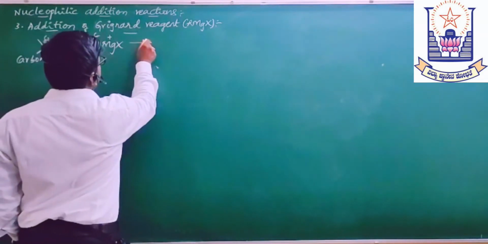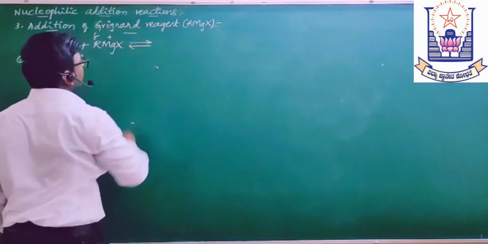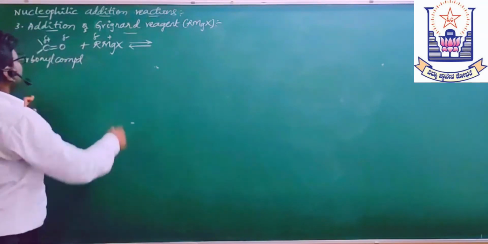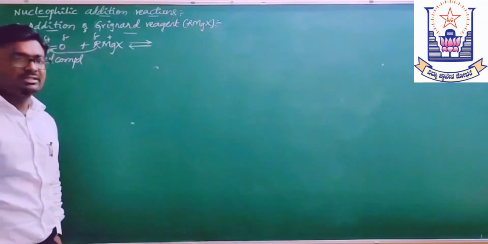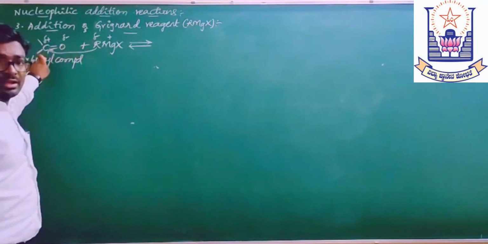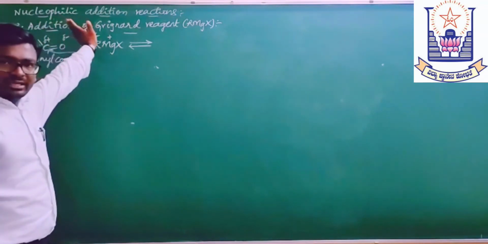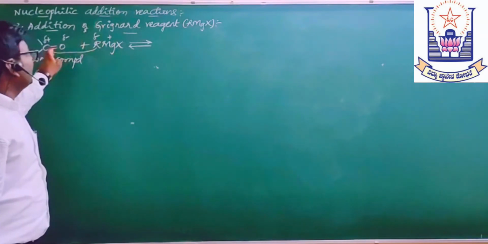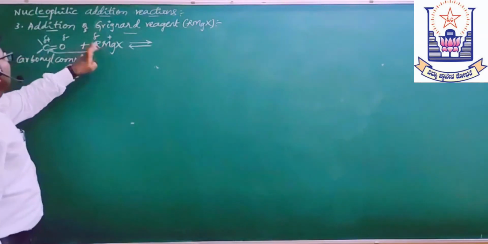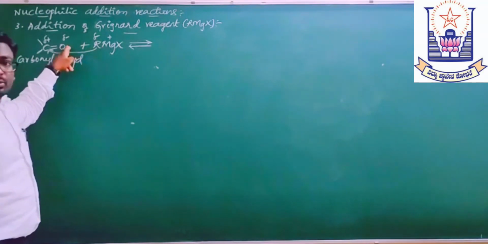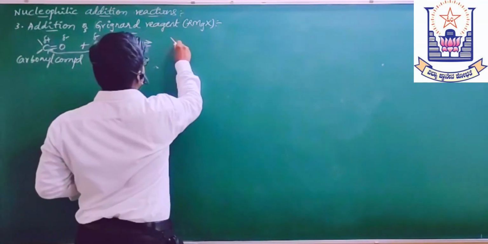Whenever these two are treated, the negative part gets attached to the carbonyl carbon. Always in nucleophilic addition reactions, the nucleophile attacks first. That's why it is called so. Now MgX will attack on this O minus.